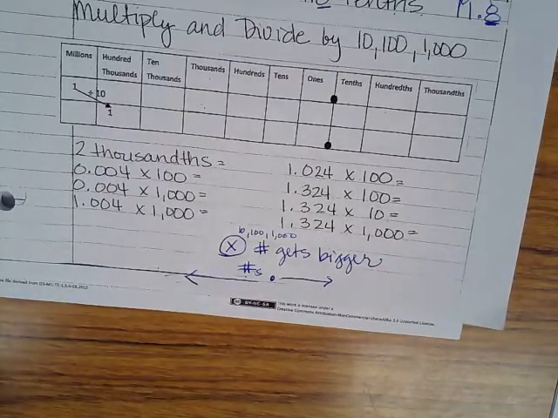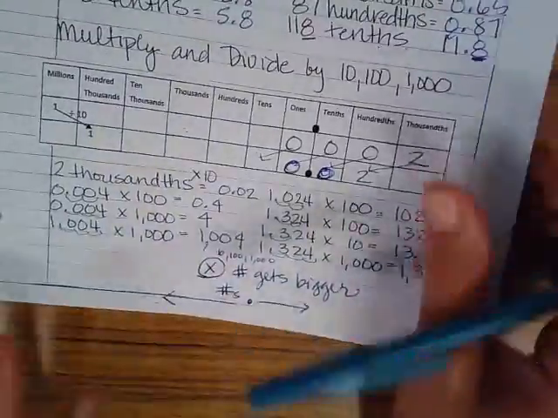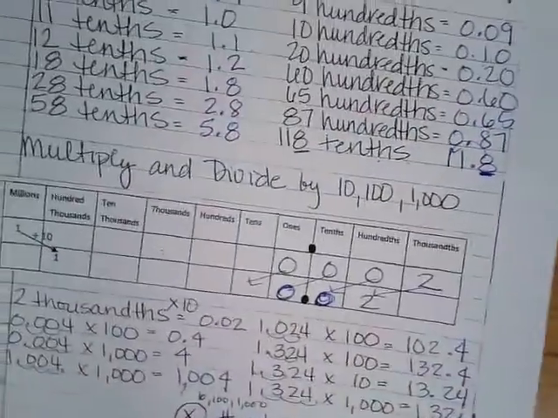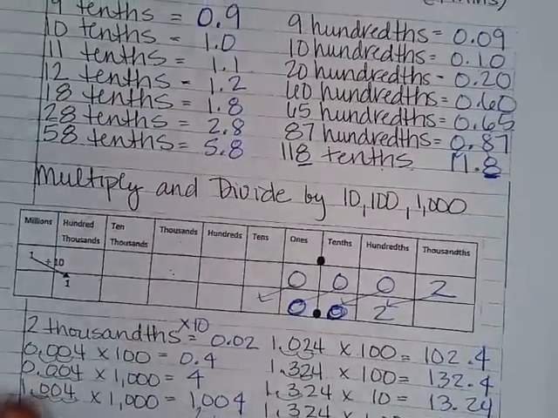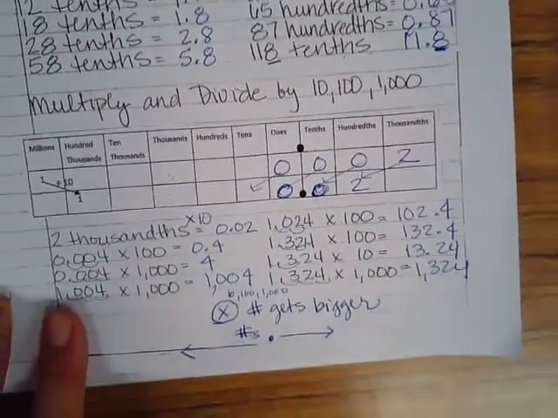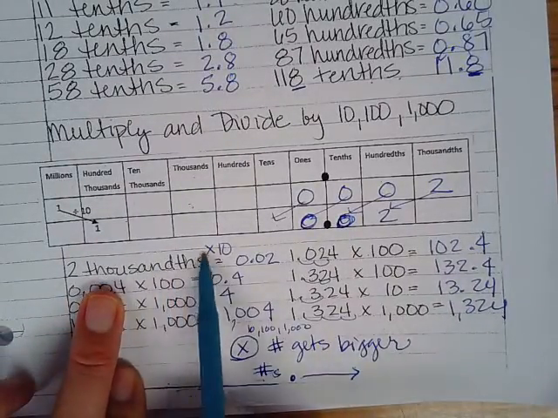All right, this is your turn to try. Go. Let's review. Okay, so if you look at this initial problem right here, 2 thousandths times 10.